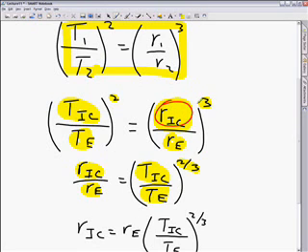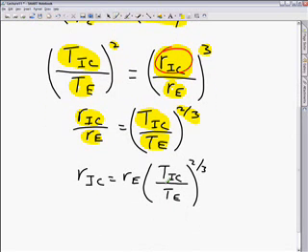Remember, we took the cube root of both sides here to get the 2/3 on this side. So the formula for the radius for the orbit of Icarus around the Sun would be the radius of the Earth, times the period of Icarus over the period of the Earth, that ratio raised to the 2/3 power.